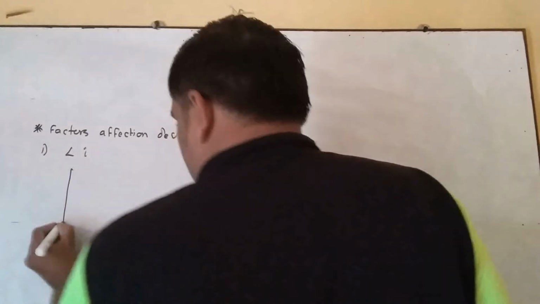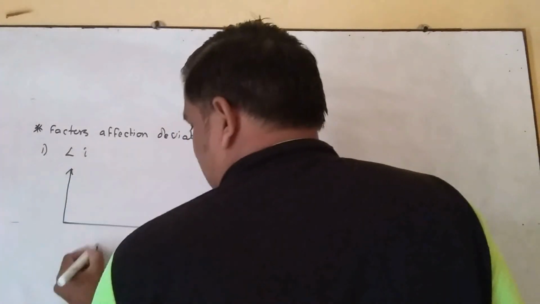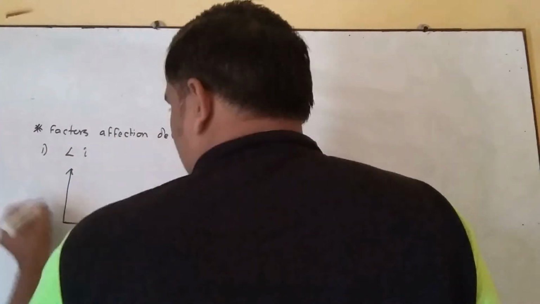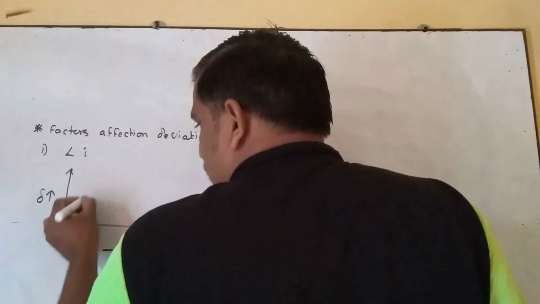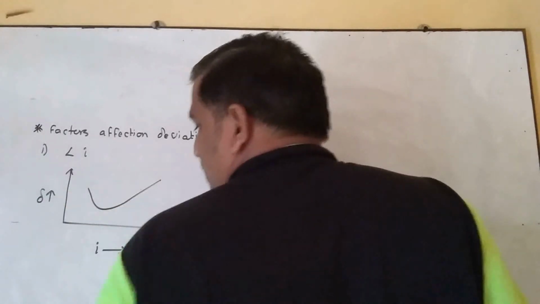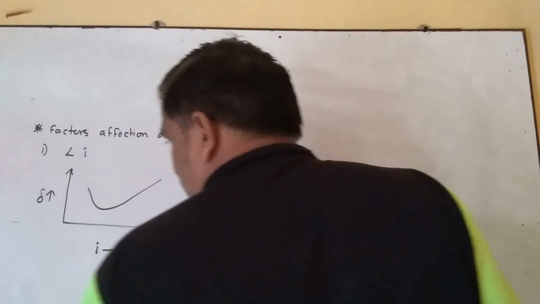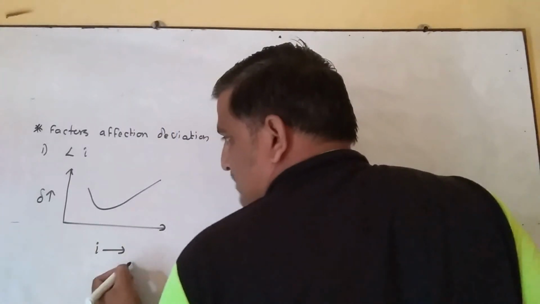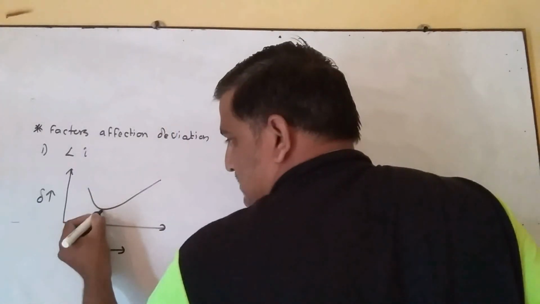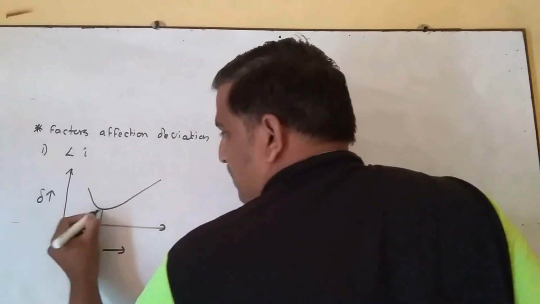The I-delta graph tells us that if we take I on the x-axis and delta on the y-axis, then we find that for the initial value of I, delta is more, and as I increases, delta decreases, and it decreases to its minimum value.